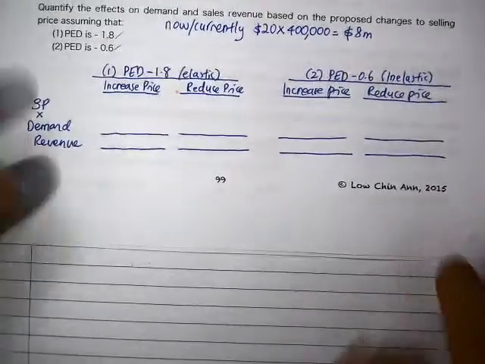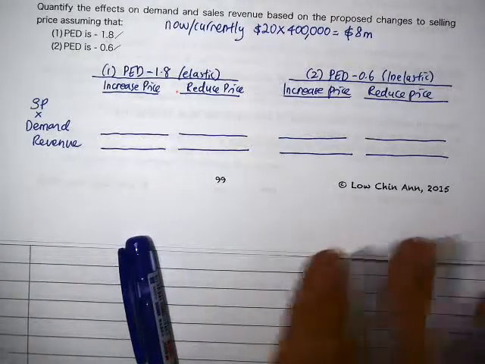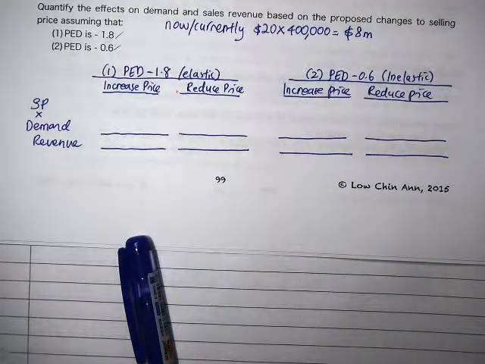So I've got everything here done for you. So you just help me to fill in the blank. 2 minutes you can get all the figures, okay? With PED 1.8 and 0.6. One is increased price, one is reduced price.